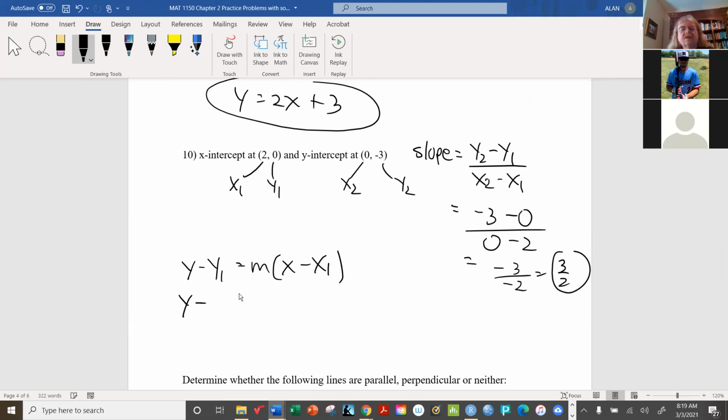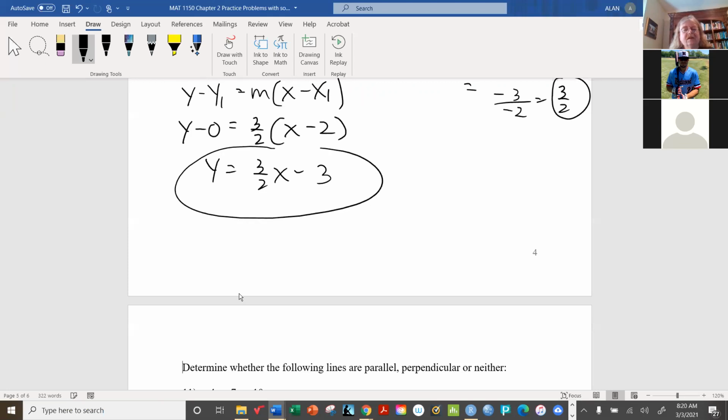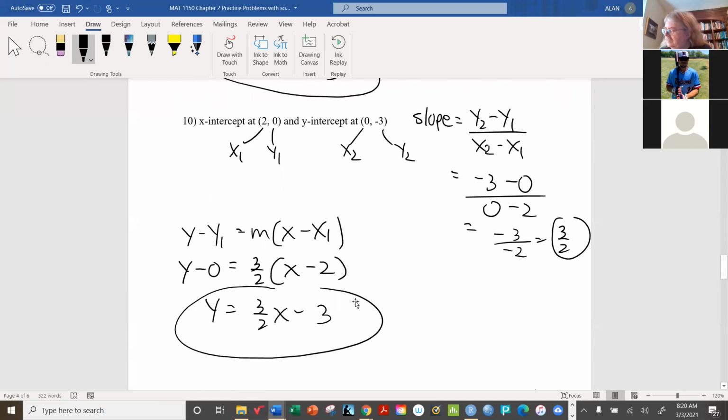So we got y minus 0 equals 3/2 (x minus 2). And you're done. That's it. That 0 there is very helpful, that's for sure. So therefore, that's our final result. All right, so that was pretty straightforward.